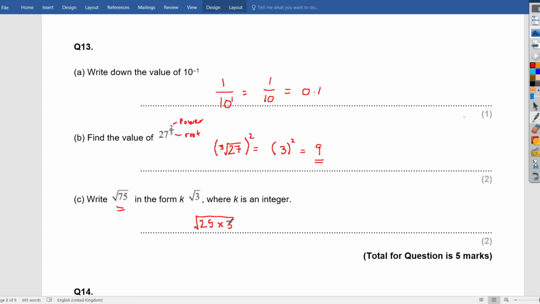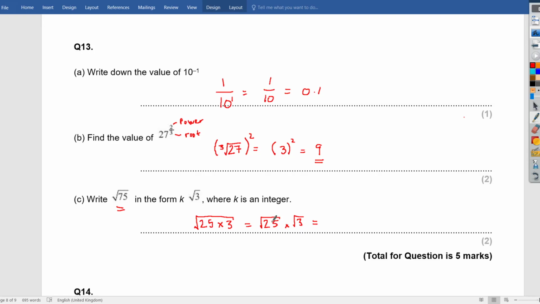Now, when you've got square root and it's a multiplying, you can split that up. So what we can do is write it as square root of 25, sometimes we just call it root, and root 3. So we split them up. Now the best thing about this is square root of 25 is 5.